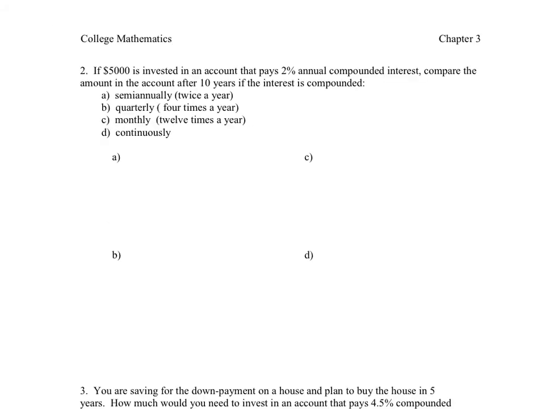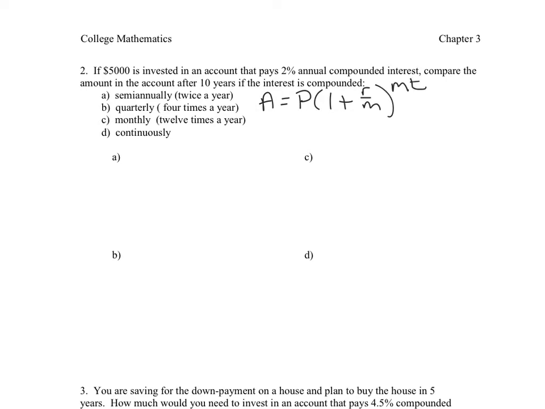Now, this next question wants us to make some comparisons if what changes is simply the number of times in a year that our interest is going to be compounded. So remember, this is our formula, A equals P times 1 plus R over M raised to the MT power.